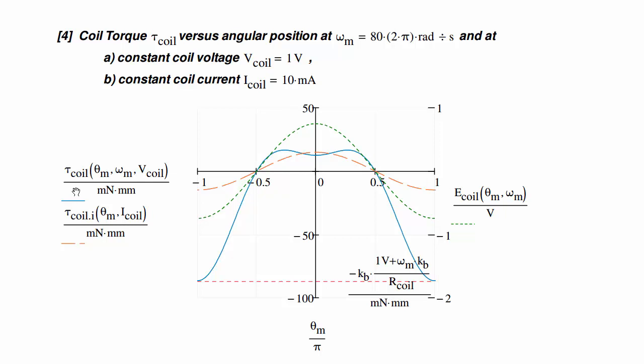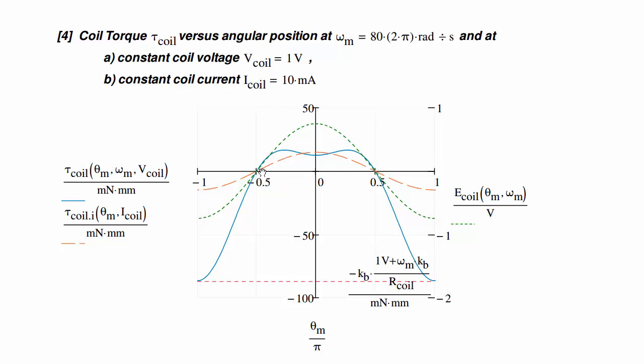Now we see that the torque, when we apply a constant external coil voltage, is actually somewhat constant over the range of minus 90 to plus 90 degrees.